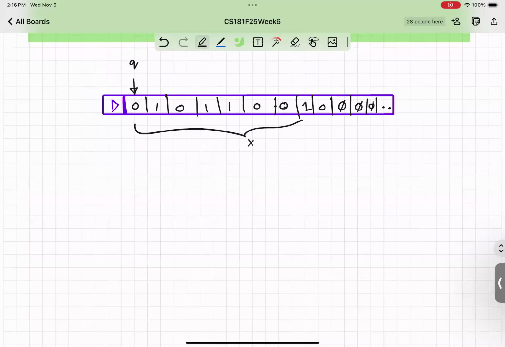Let's say I start with state Q start. I read a 0, and if I see a 0, then you say, okay, jump to Q saw 0.